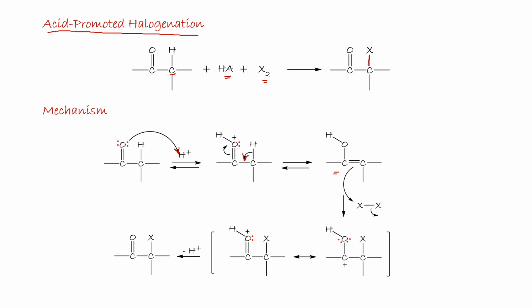The enol attacks the halogen, the partially positive center, kicking X minus out, which leads to the formation of a carbocation, in resonance with this species where oxygen has a positive charge. Deprotonation will lead to the formation of the alpha halogenated carbonyl, the last step.